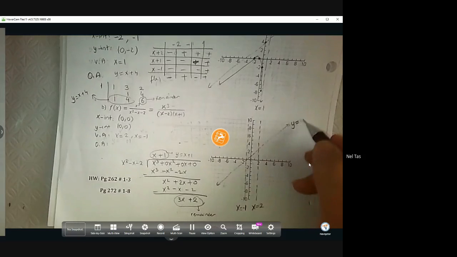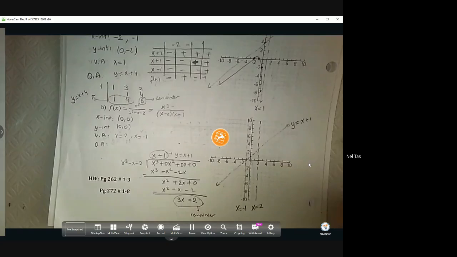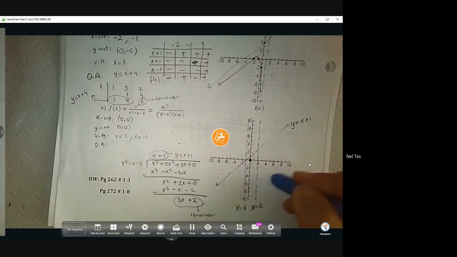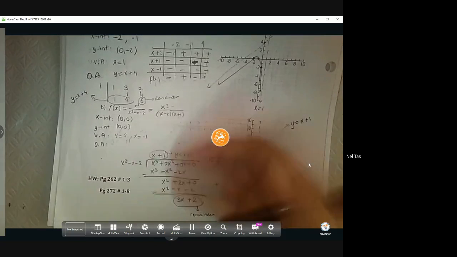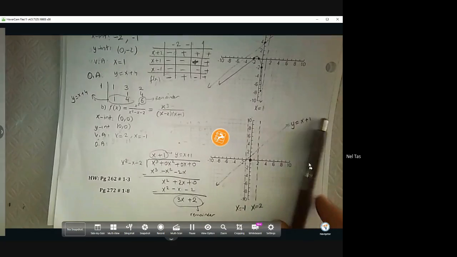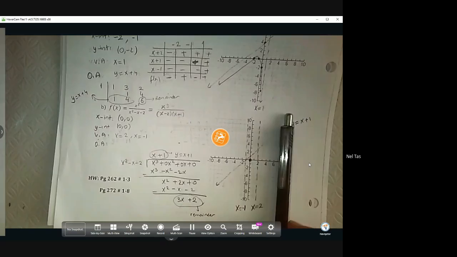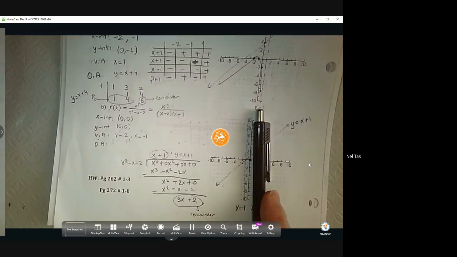Okay, so that is the y equals x plus 1 line. Now put the points. So we have 0, 0. Okay. Now we will start sketching and we will try if we can do it without the factor table, okay?